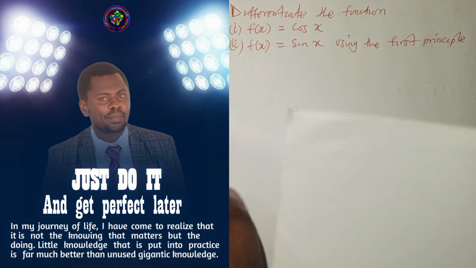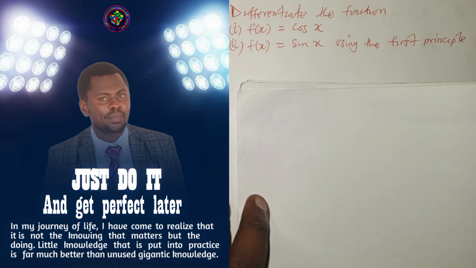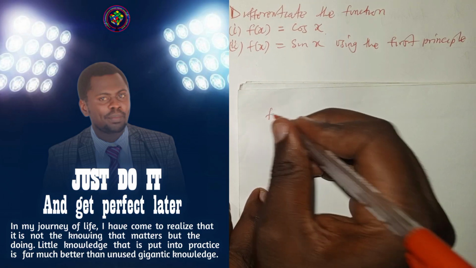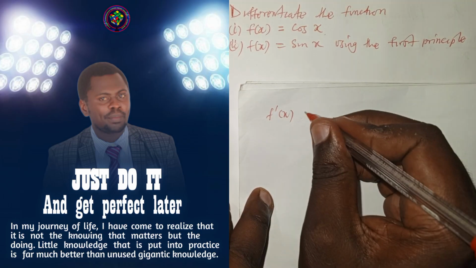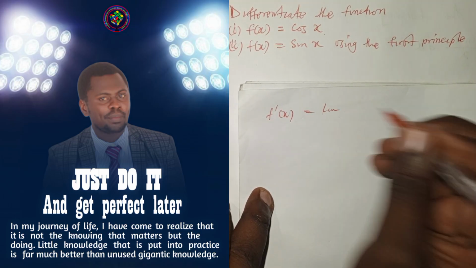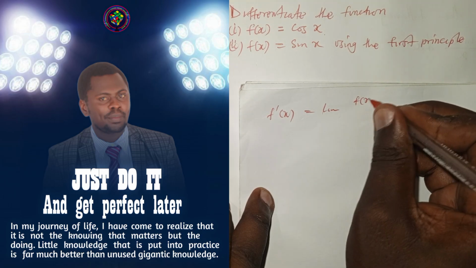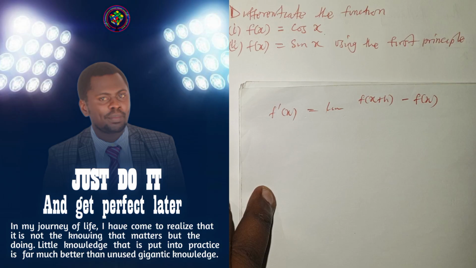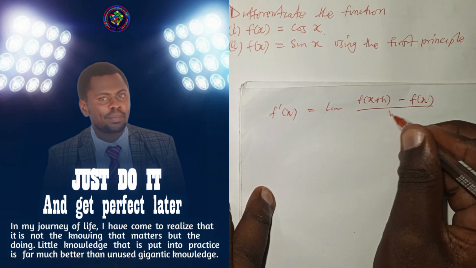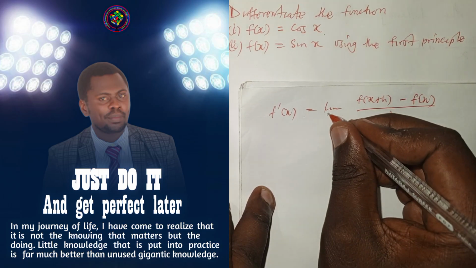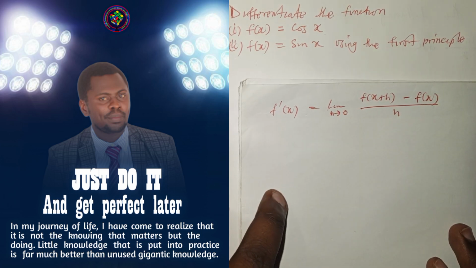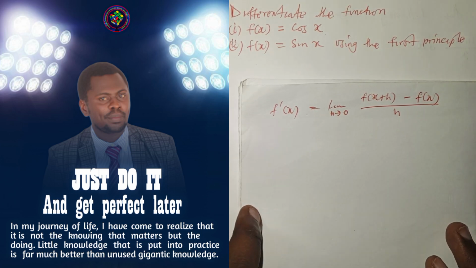The first principle states that if you have f of x and want to differentiate, f prime of x is equal to the limit of f of x plus h minus f of x over h as h approaches 0. So this is the formula for first principle.